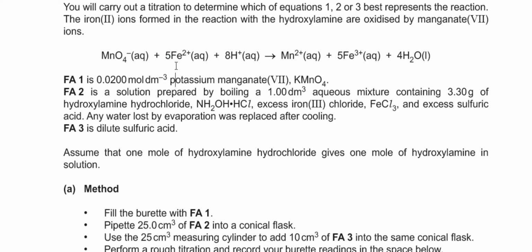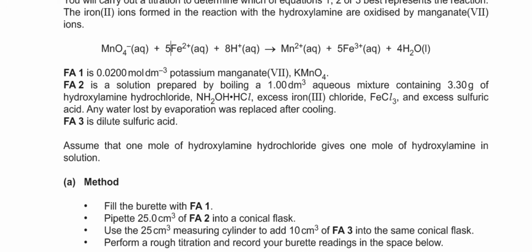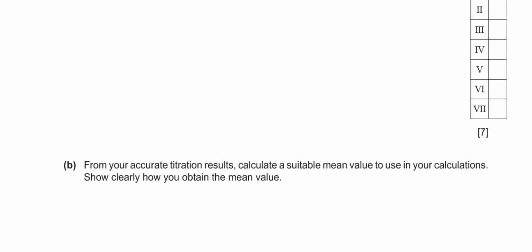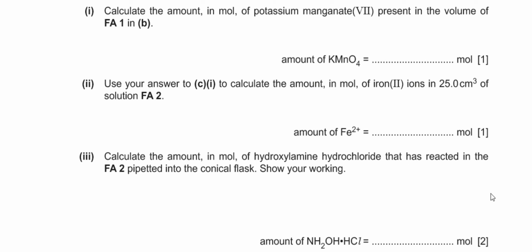That is 5. So the ratio of manganate ion, which was in FA1, to the iron 2 ion, which was in FA2, is 1:5.